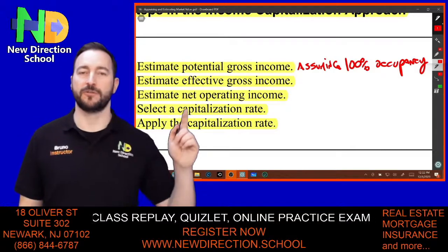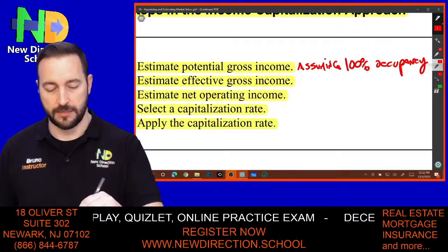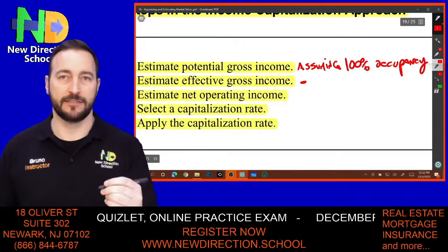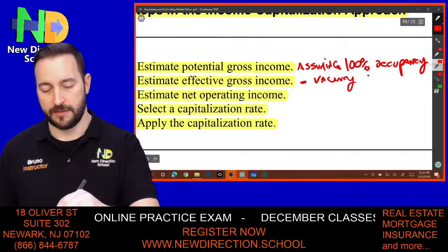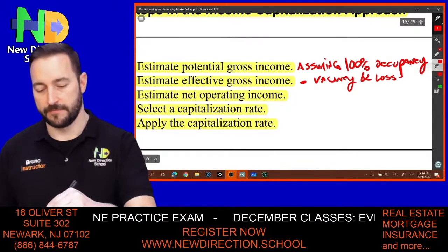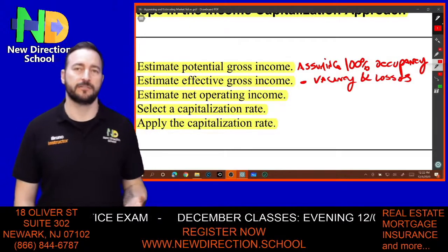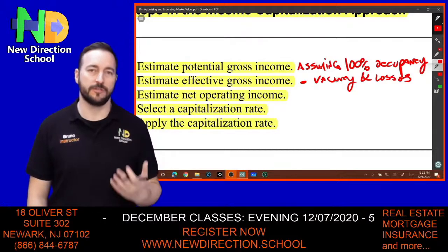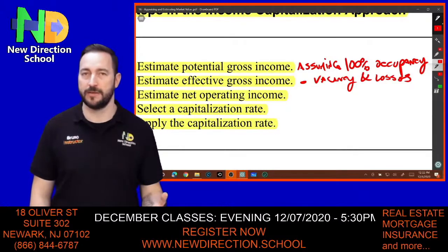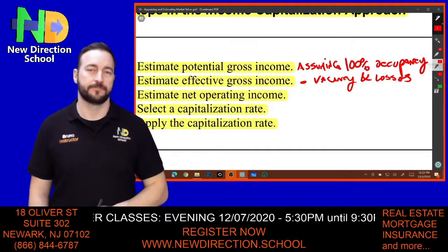But then we need to figure out the effective gross income. How do we figure that out? Well, we need to deduct vacancy and losses. We're going to go over all this in a second. Vacancy and losses, because if I have 100 units, are all 100 units going to be occupied 100% of the time? Or is there a possibility that a tenant moves out?